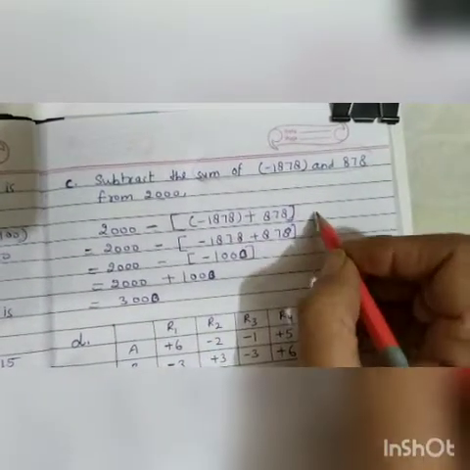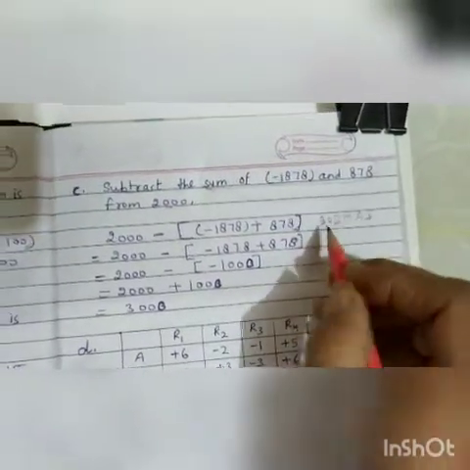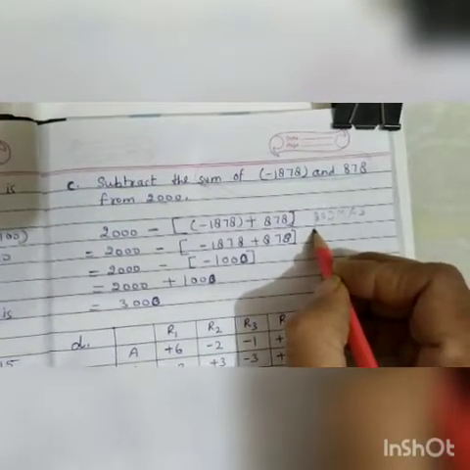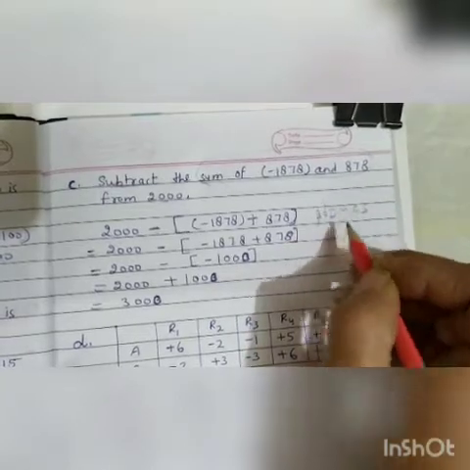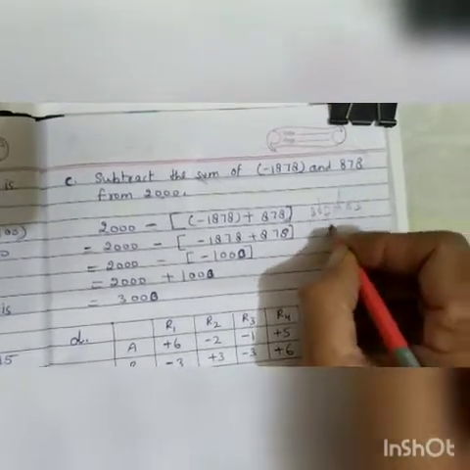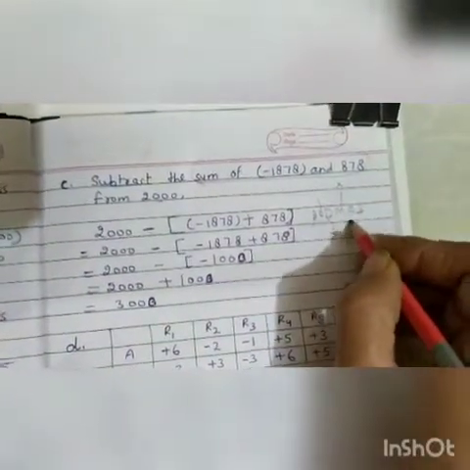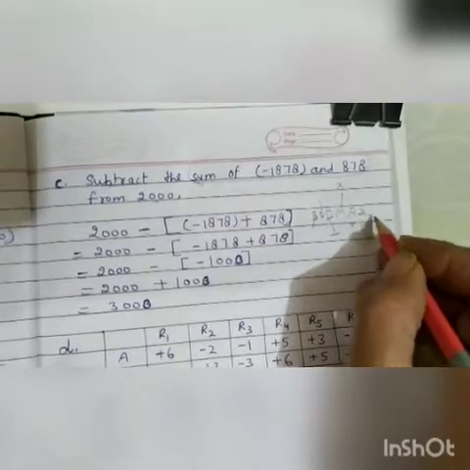Now according to BODMAS, you know BODMAS or not? See, B means bracket, O means of, D means divide, M means multiply, A means addition, S means subtraction.